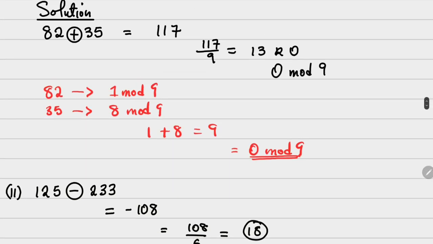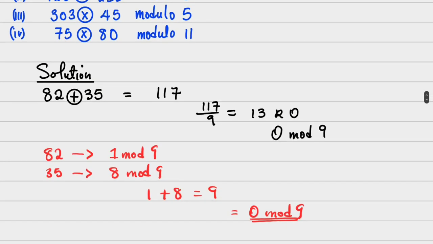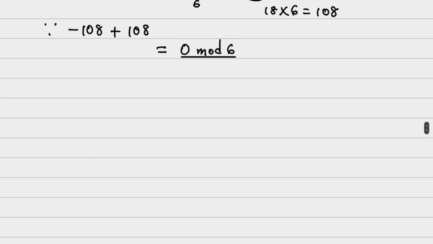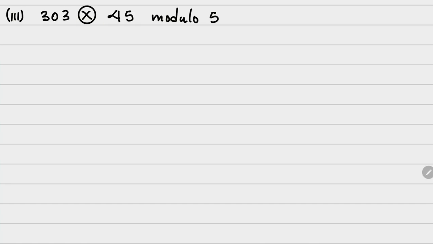Then let's go to the next one, which is multiplication. 303 times 45 modulo 5. Now I'm working this out. All I need to do is to say my 303 times 45, and what I have will be 13,635.